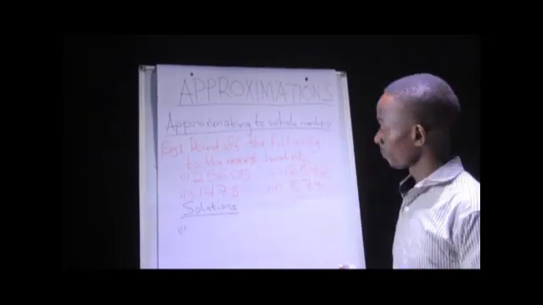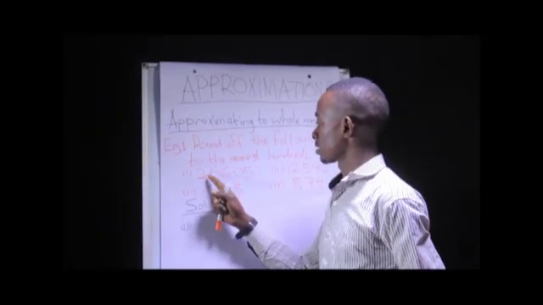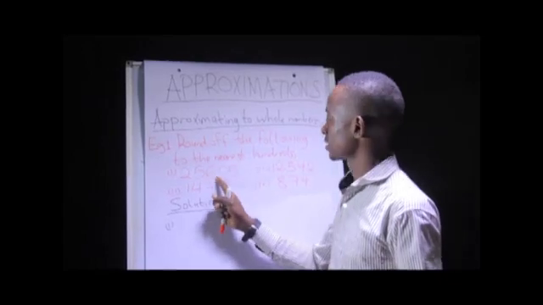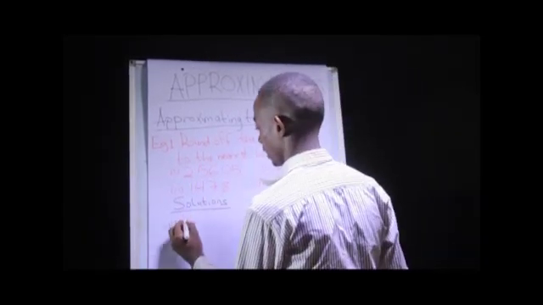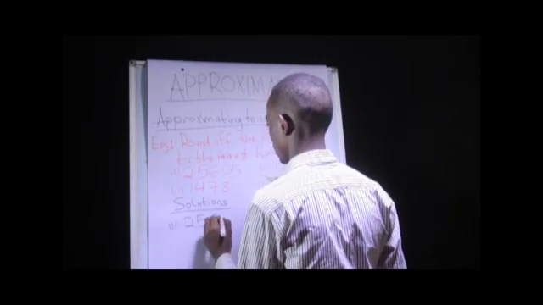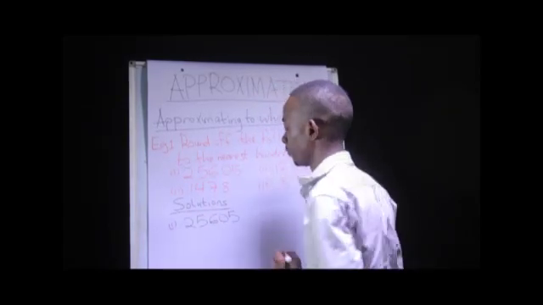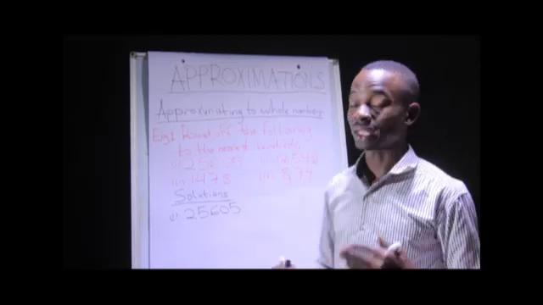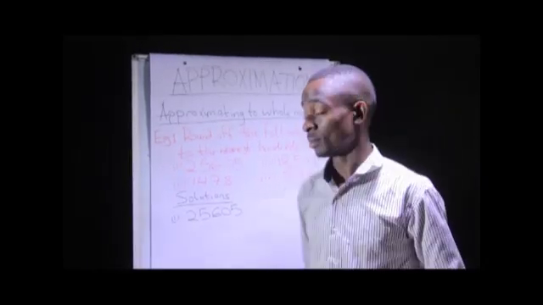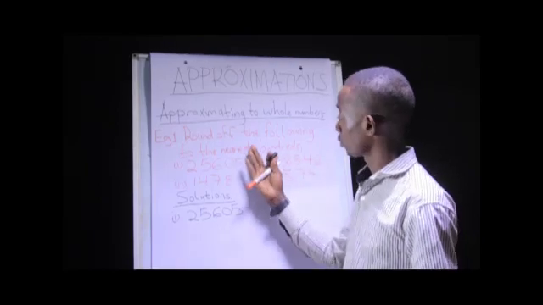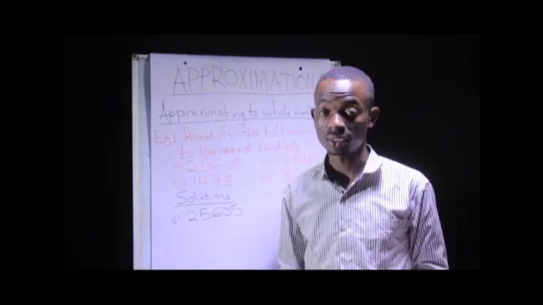So number 1, this number is 25,605. So when I write this number here, I have 25605. I first look for the number which is in the place value of hundreds, because remember, the question requires us to round off to the nearest hundreds.